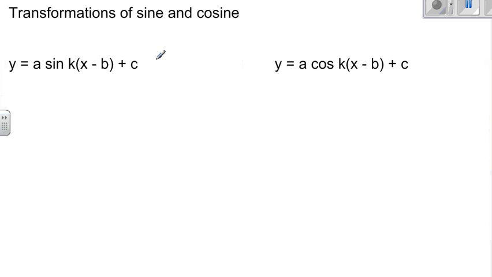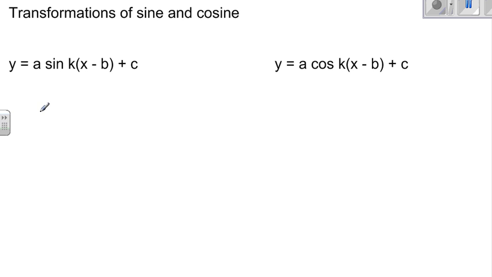Also with sine and cosine, we can talk about transformations. So if you have the sine function, we already have talked about all these transformation things, but now putting it in terms of sine, a number out in front would vertically stretch or shrink it, making it taller or shorter if it was a fraction.